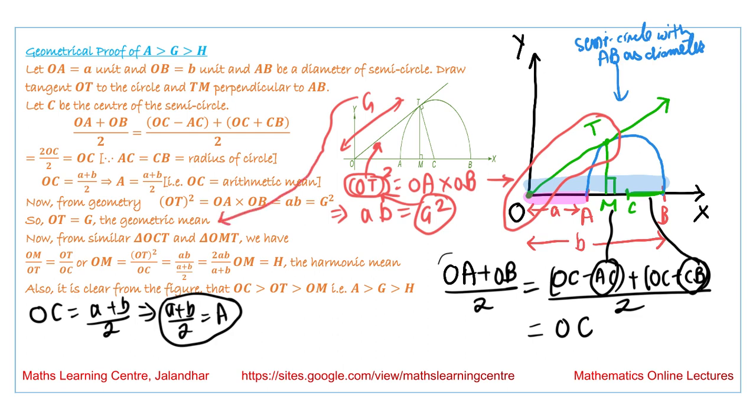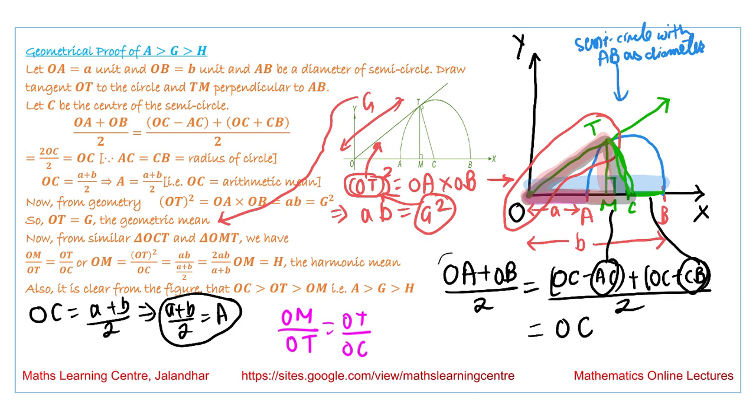Further, we consider two similar triangles. One is the triangle OCT, which we obtain if we join T and C. The second is the triangle OMT. These two triangles are similar to each other, so OM over OT is equal to OT over OC.